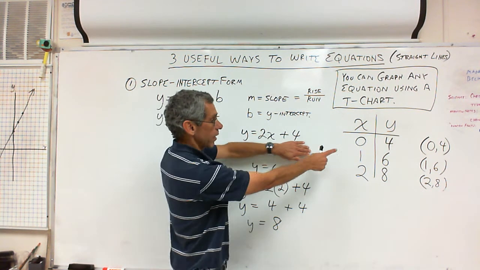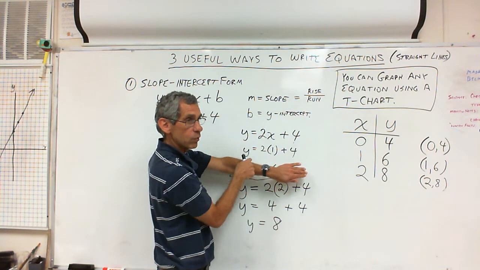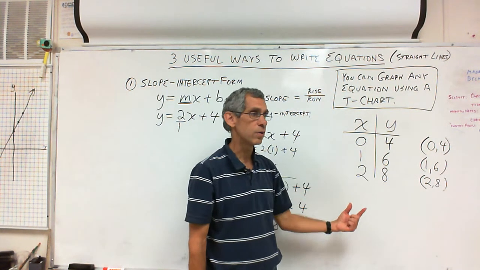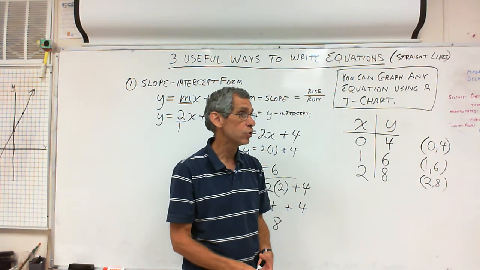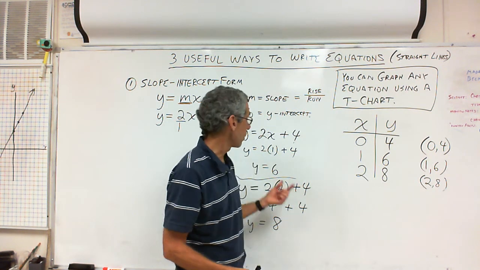So I said, okay, I'm going to try 0, 1, and 2 for my values of x to see what y is. You can pick any number for x. You can pick 20. You can pick 1,000. You can pick minus 2.5. The trouble is, they're harder to figure out what y is.